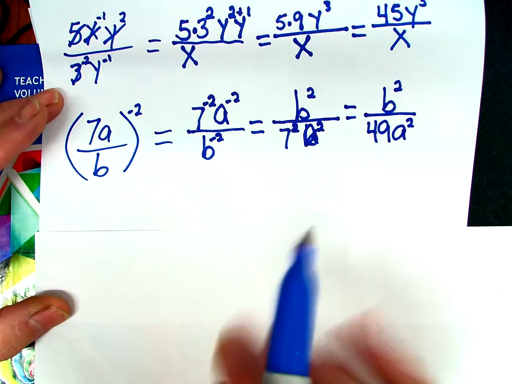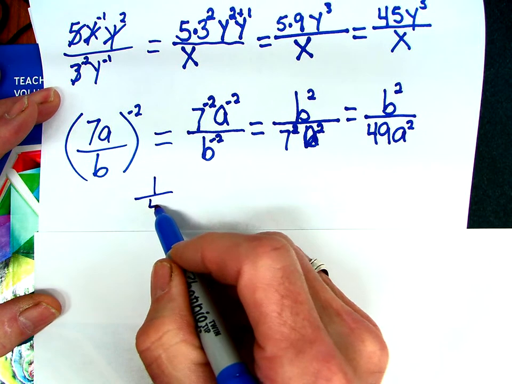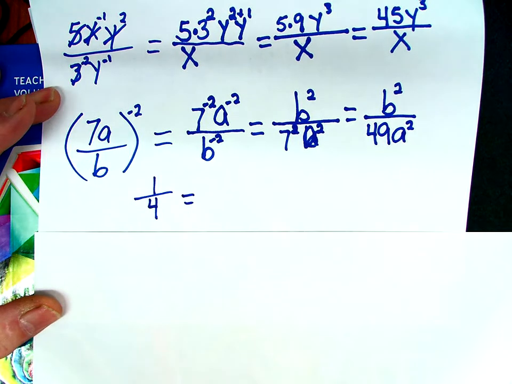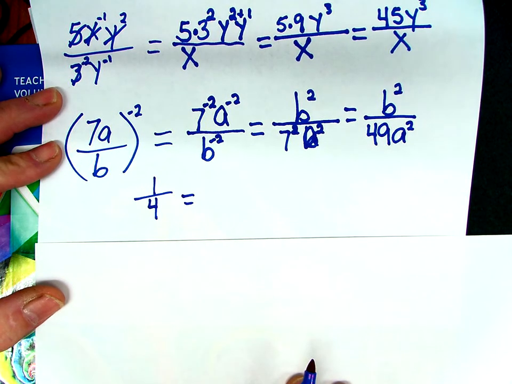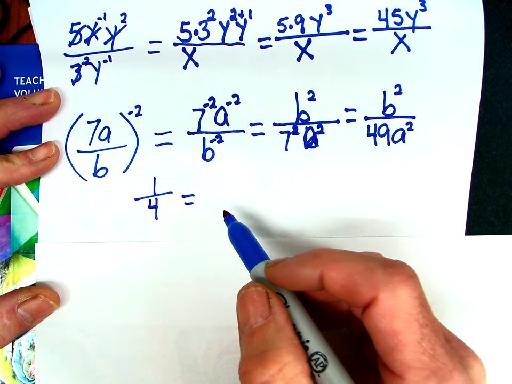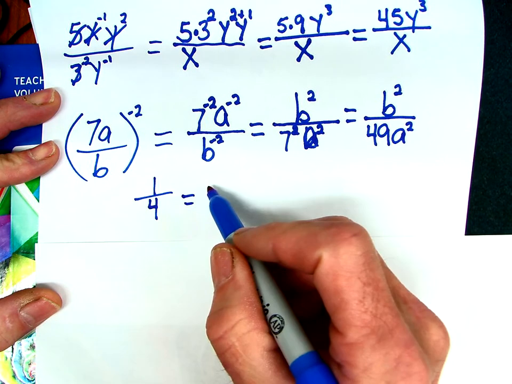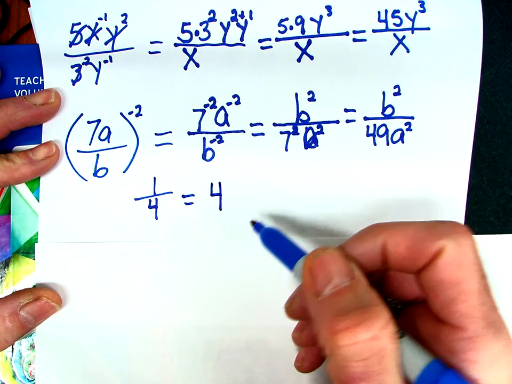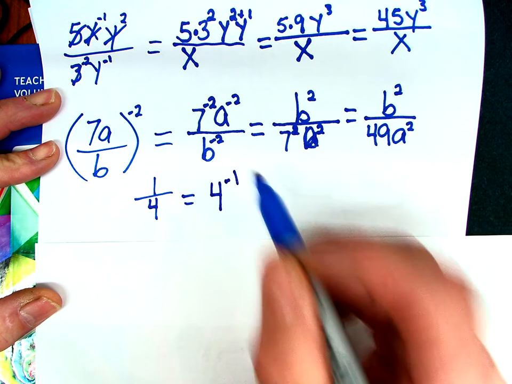So, what if you started out with something that looked like this, and it needed to be written as a whole number with an exponent? Well, the 4 is on the bottom. If I want to write the 4 as a whole number instead of a fraction, 4, but then I would have to do this, -1.